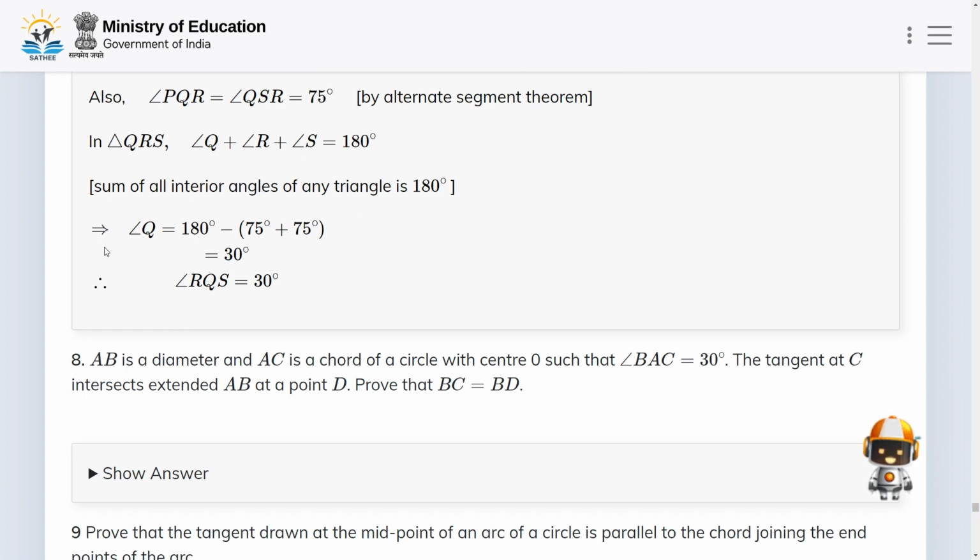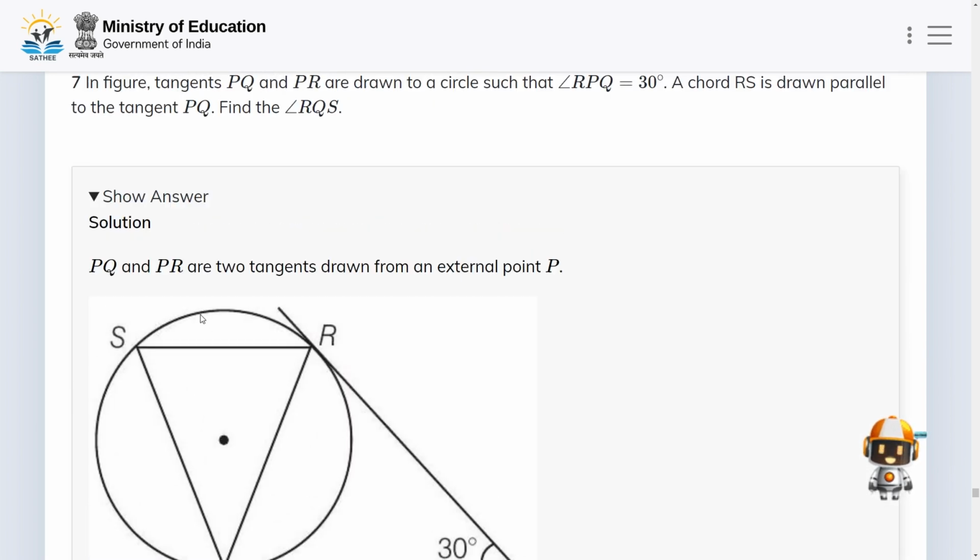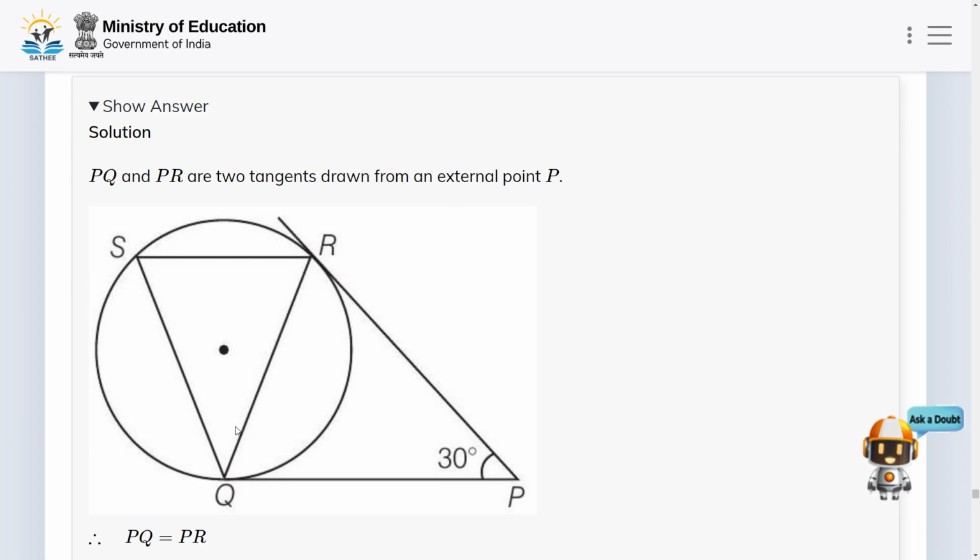So angle Q is equal to 180 degrees minus 75 degrees plus 75 degrees, and this is equal to 30 degrees. So therefore angle RQS is equal to 30 degrees.